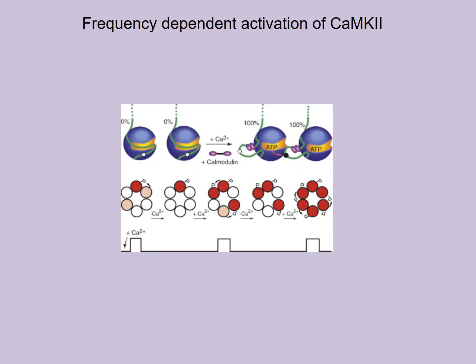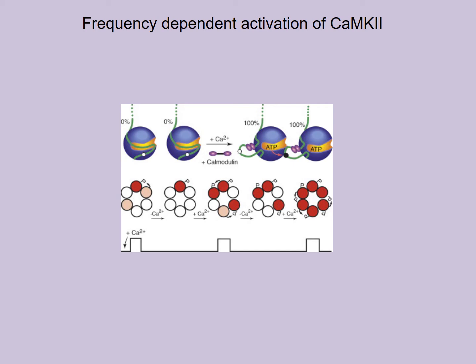And this again depends on the frequency. And how can it depend on the frequency? So again, in this slide, at the top, you have this idea that you need both of these neighboring subunits to bind calcium calmodulin to induce this autophosphorylation that allows prolonged activity. Now, this autophosphorylation allows prolonged activity because it prevents the binding of the inhibitory domain to the catalytic site.